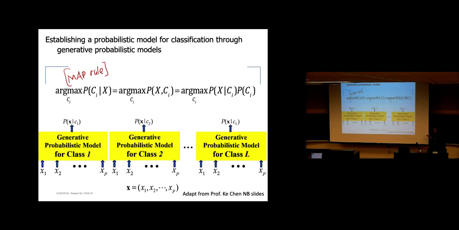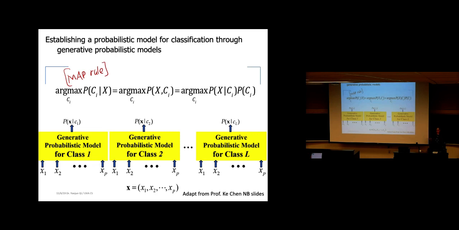Each one of them is a separate model. The first generative model is conditioned on C1 and generates X. The second is conditioned on C2, the third, until the last, CL. They are all generating X samples, but from different generative models.